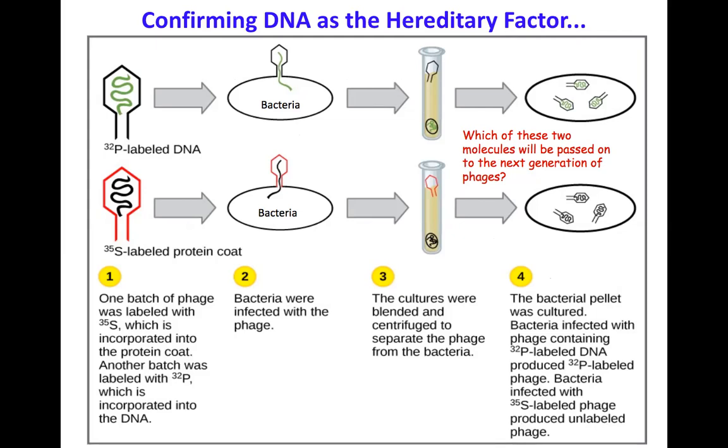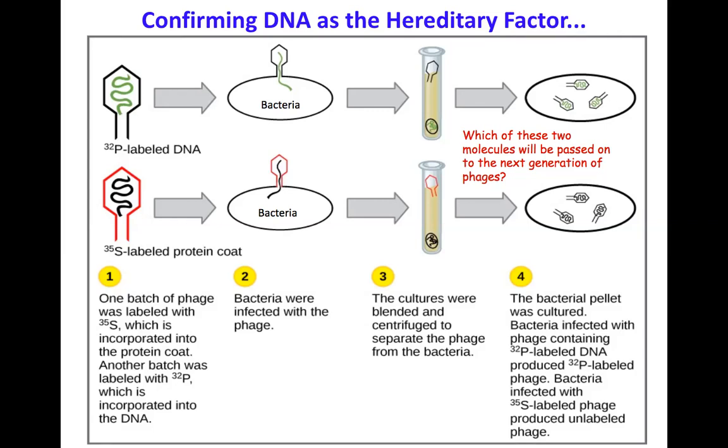They used a phosphorus tag, P32, to label the DNA. Then they used a different one, known as sulfur 35, to tag the protein coat. In this case, the sulfur 35 is identified using a red color, just to illustrate the point, and the phosphorus 32 is used to illustrate the tagging of the DNA.